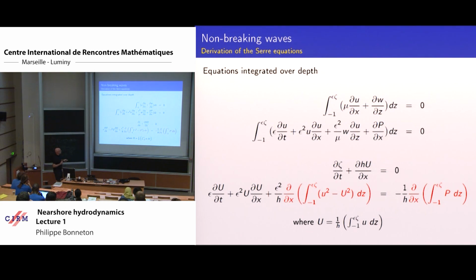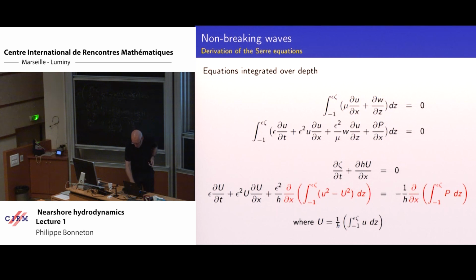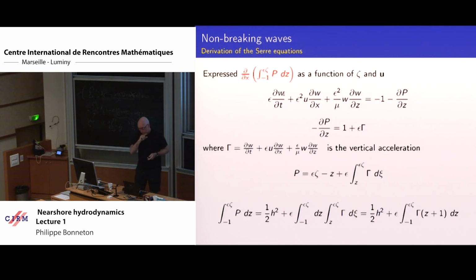This one is related to the vertical variability of the wave velocity field, so we have to estimate this term. And the other one is related to the integration of the pressure, the gradient of the integral of the pressure. So we have to estimate these two unknown terms.